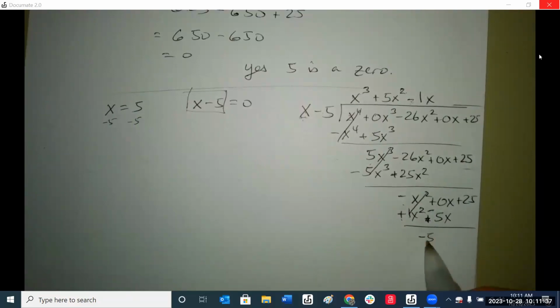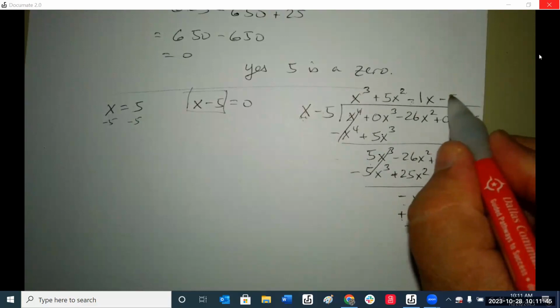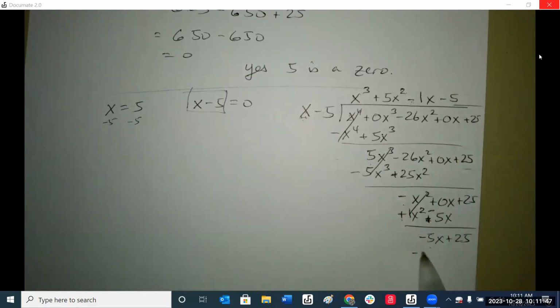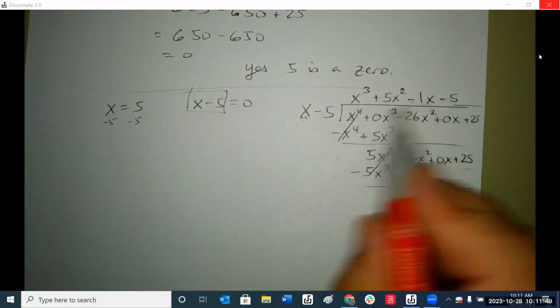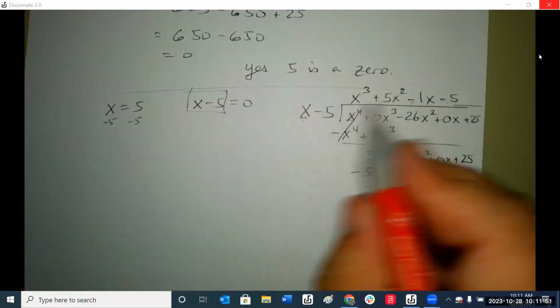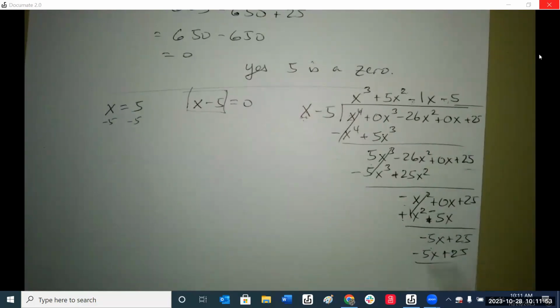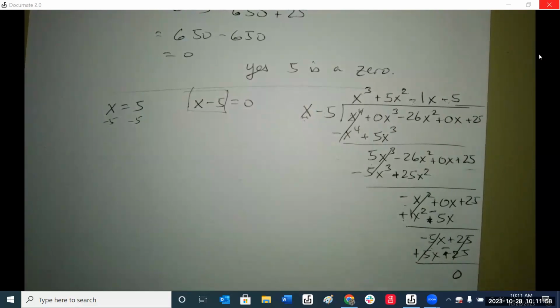So it's negative 5x plus 25. What times x gives you negative 5x? It's negative 5. Negative times negative is a positive. 5 times 5 is 25. Change the signs and add. Yep, so same thing.